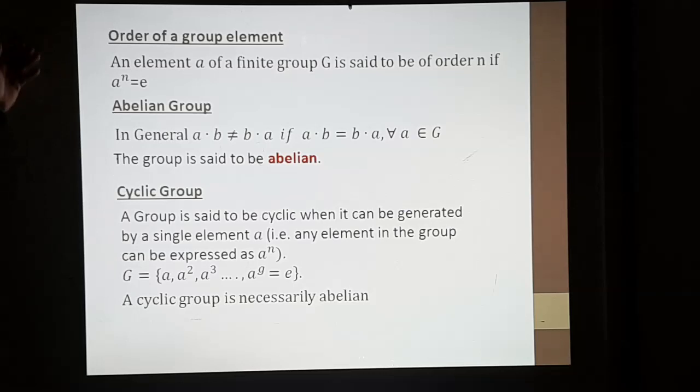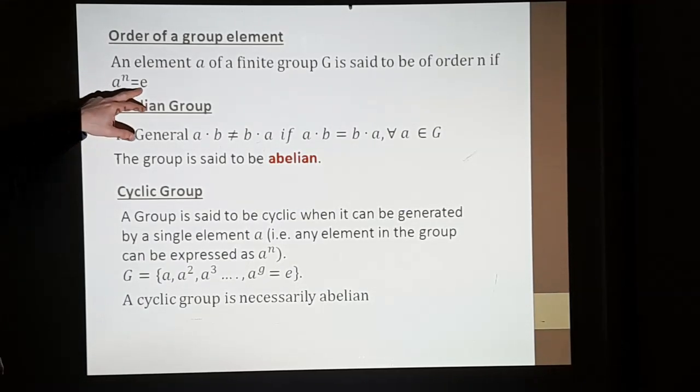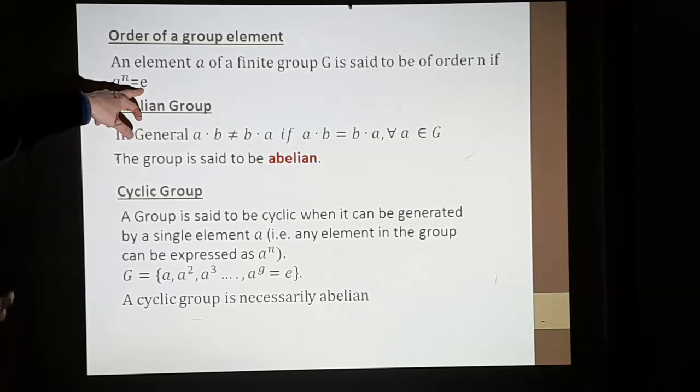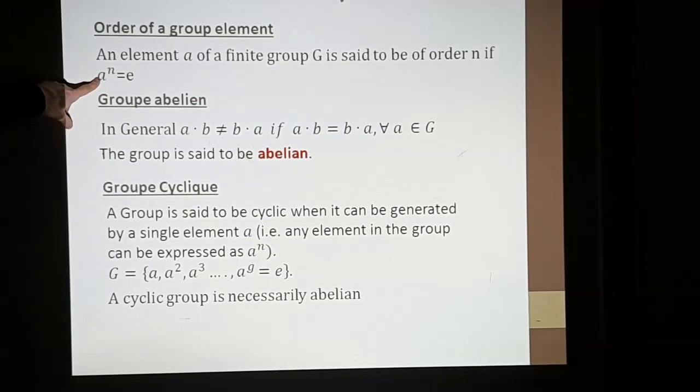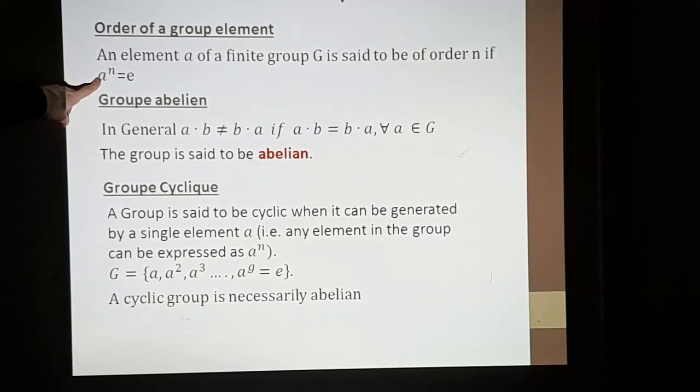So first I will define the order of an element. An element A of a finite group G is said to be of order n if A power n is equal to the identity or the neutral element. The minimum order of A, if A is different than the identity, is 2, and the maximum order is the order of the group.